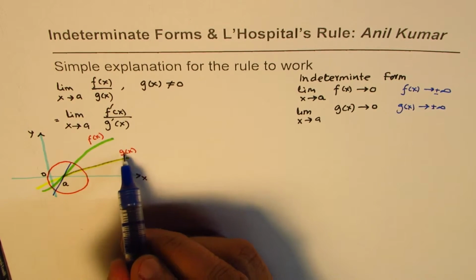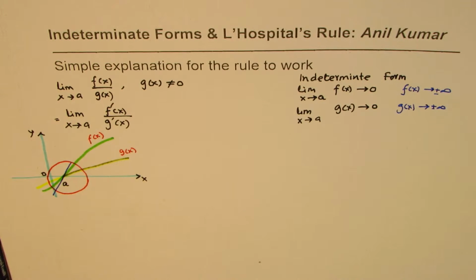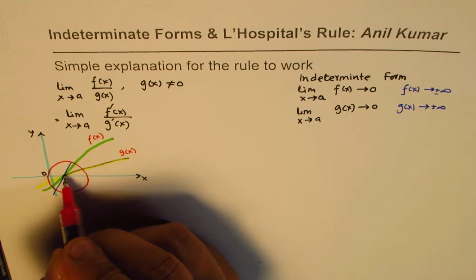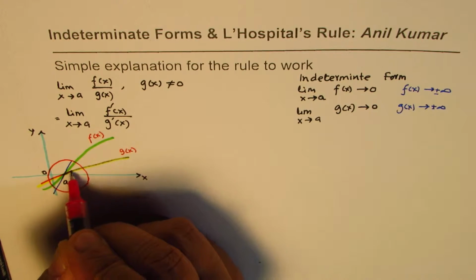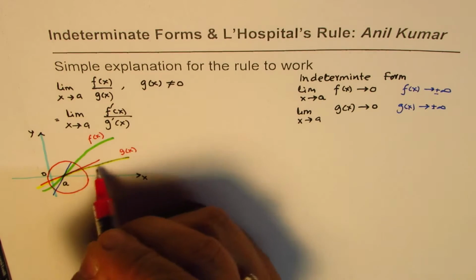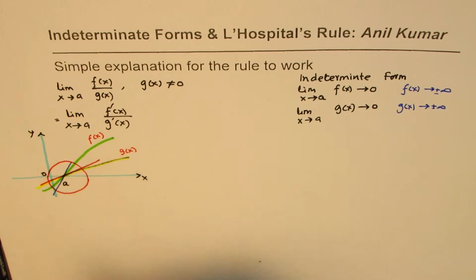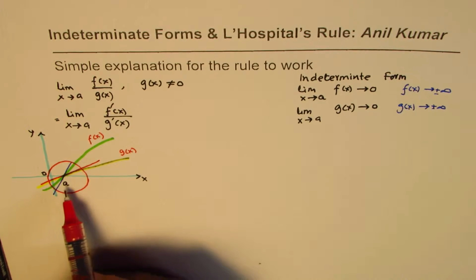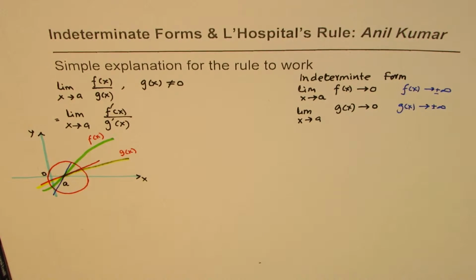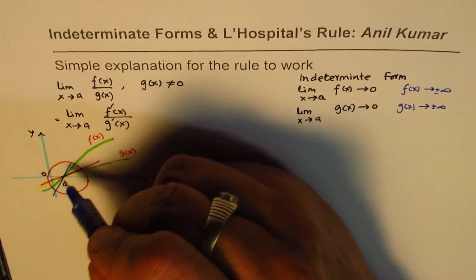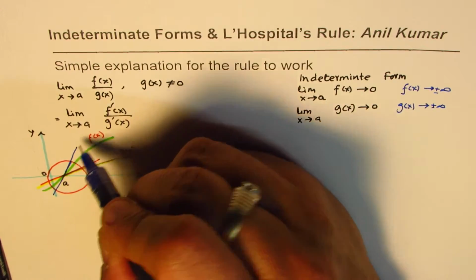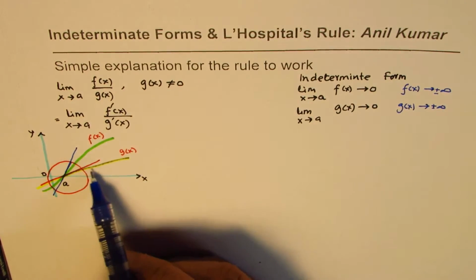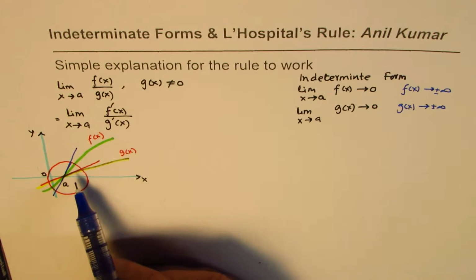Similarly, g of x is also approaching a straight line at this point. You see that? So these are the straight lines. So if you look very, very close to a, the ratio of these functions could be represented by these lines.